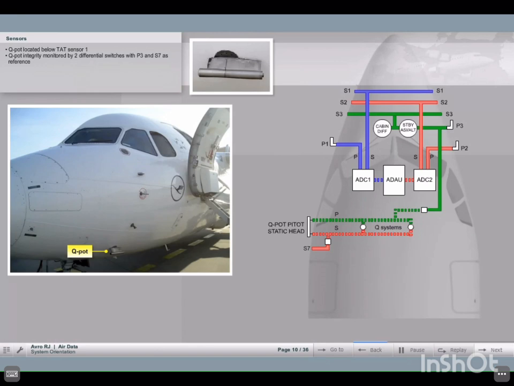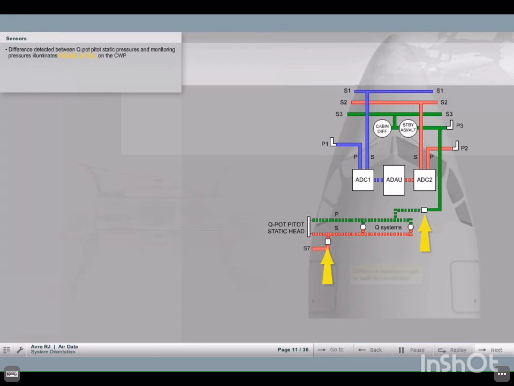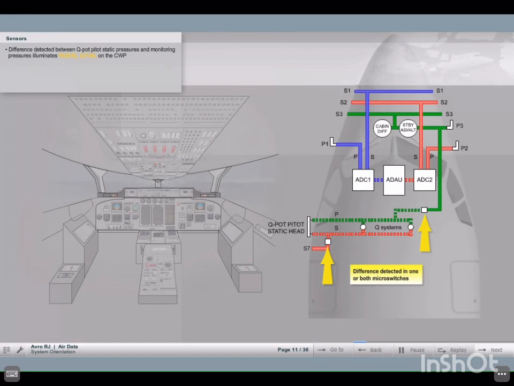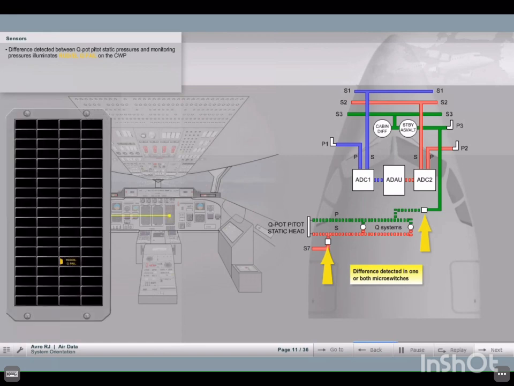The integrity of the QPOT pitot-static supplies is monitored by two differential switches, which use P3 and a dedicated static source, S7, as their reference. If a difference is detected between the QPOT pitot-static pressures and the monitoring pressures, rudder elevator Q fail illuminates on the central warning panel.